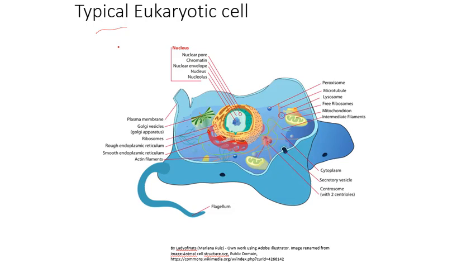When I say typical, it's because I just want to make sure that I show you a good representation of what a eukaryotic cell would be. So as an example, when you see here the flagellum, the structure right here, well, only a few cells actually do have that. Sperm cells, for example, do have a flagellum to help them swim, but not all cells have that. So this is what I mean by that.